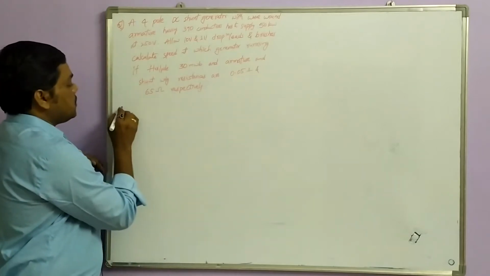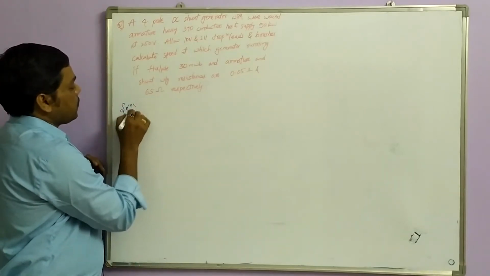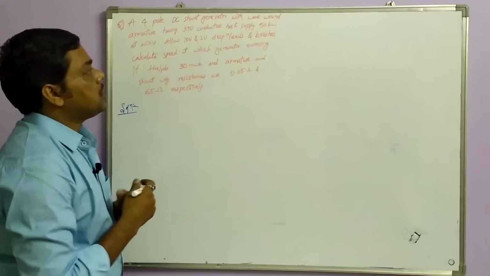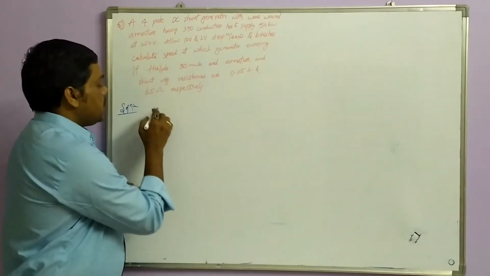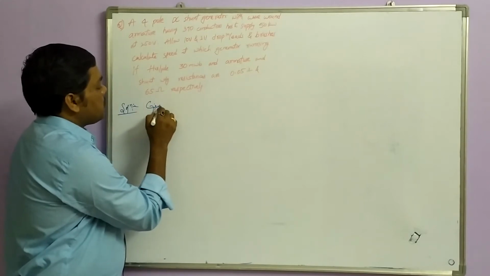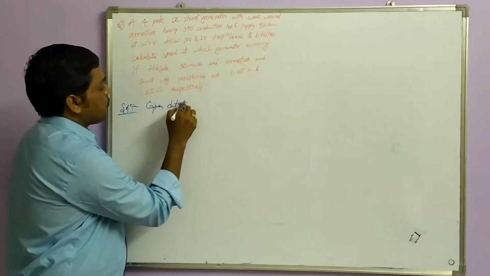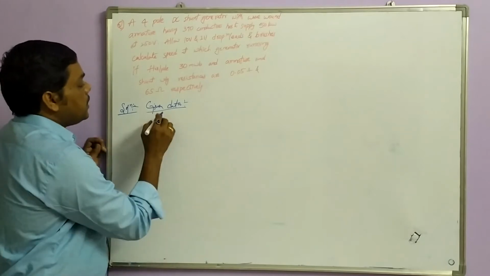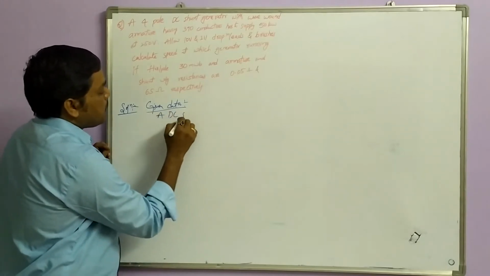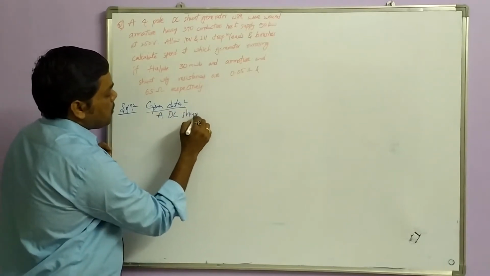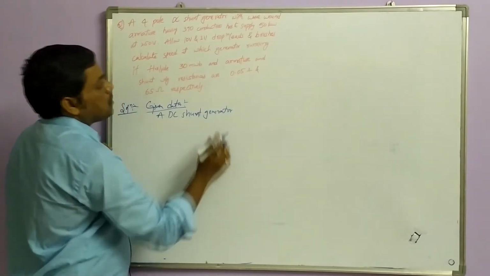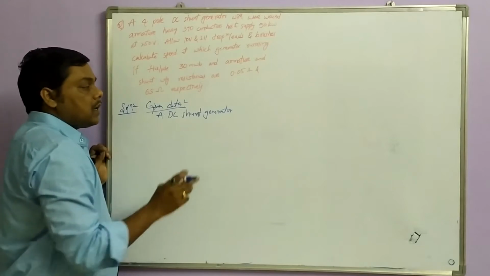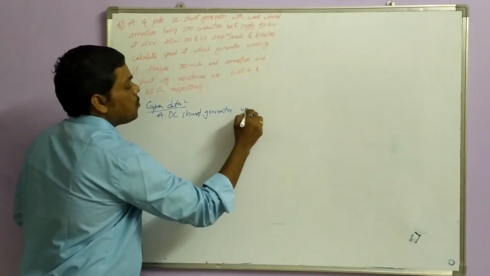So the solution. Now since it is a shunt generator, we can directly write the given data. The given data for this: a DC shunt generator, and the winding connection is wave wound.